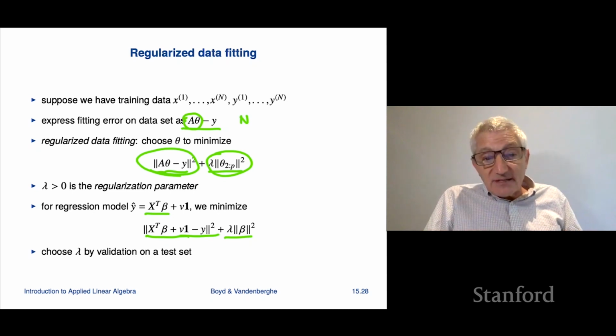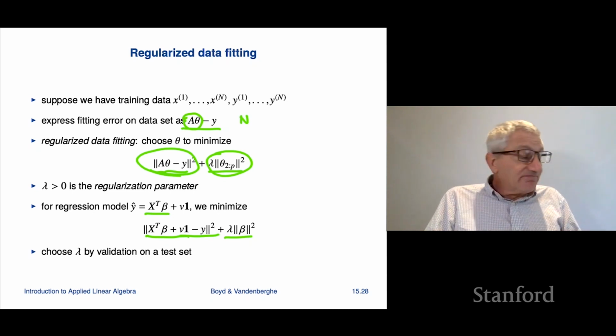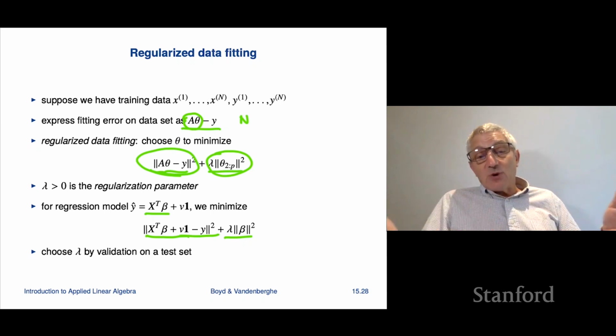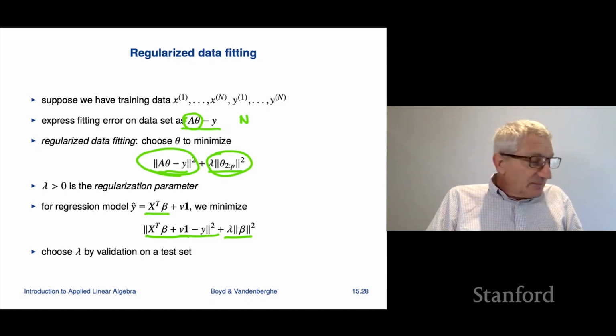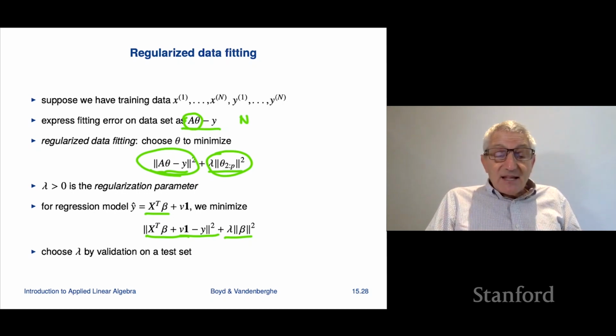And remember that the best constant model of some data is the mean. And by the way, the mean square prediction error is the square of the RMS value of y. Okay, so that's what that does.